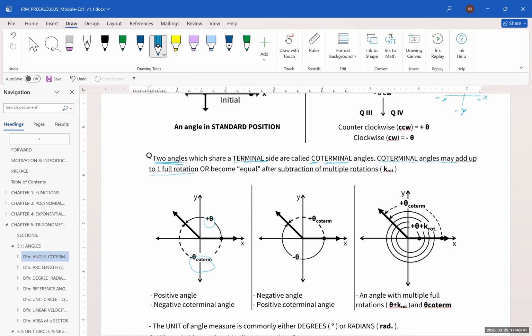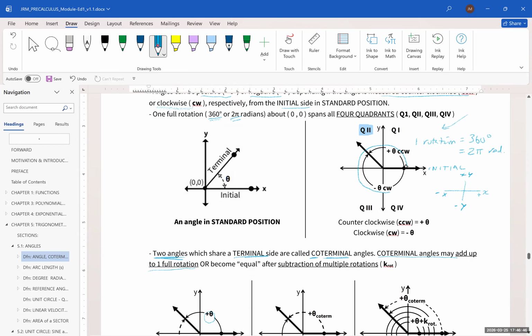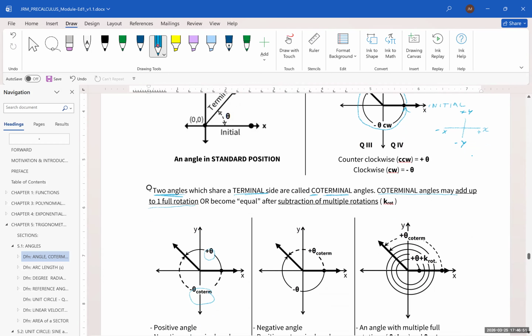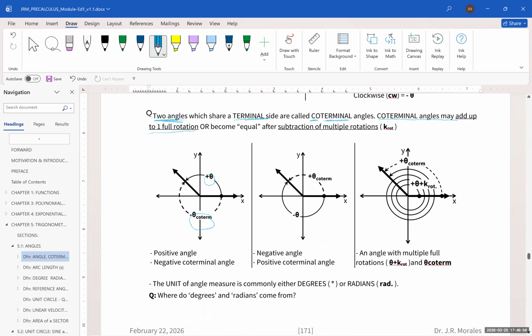I mentioned earlier that one full rotation around is 360 degrees. But sometimes we may go more than one rotation around. That's what this illustration on the right shows: we started our angle here on the initial side, and went around not just once, not just twice, but 3 times, and then stopped.